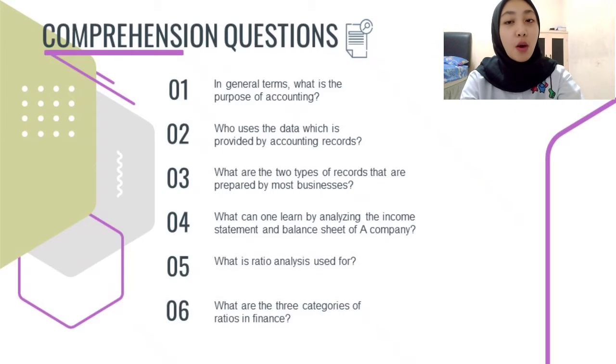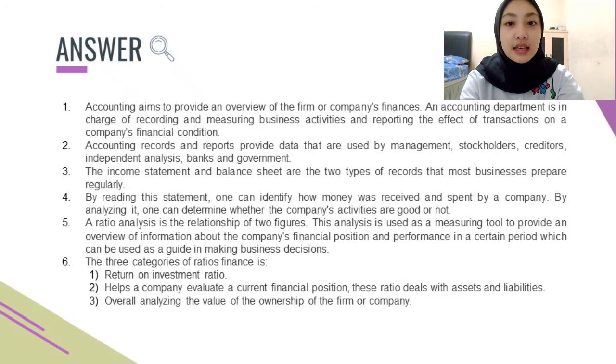Number 5. What is ratio analysis used for? Ratio analysis is the relationship of two figures. According to James C. Van Horne, quoted from Kasmir 2008, financial ratio is an index that connects to accounting numbers and is obtained by dividing one number by another.